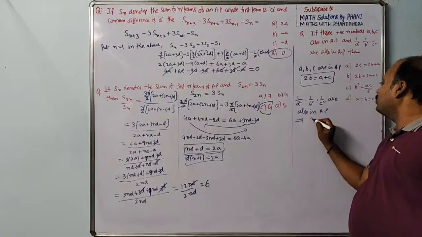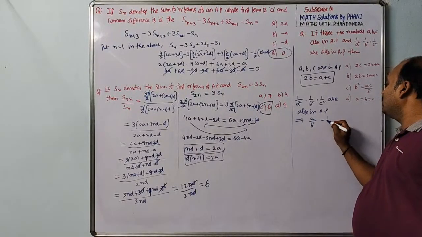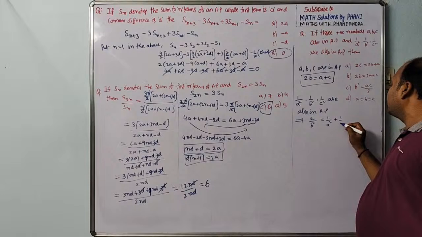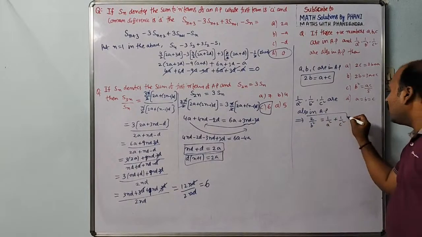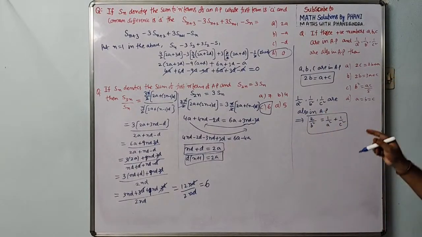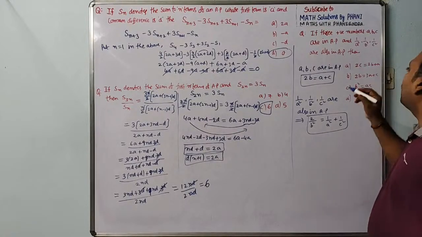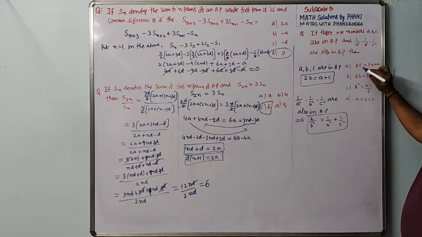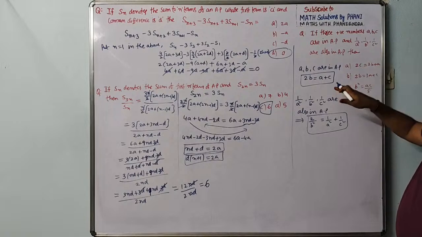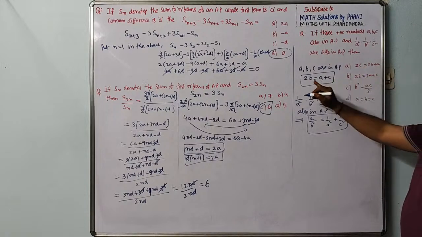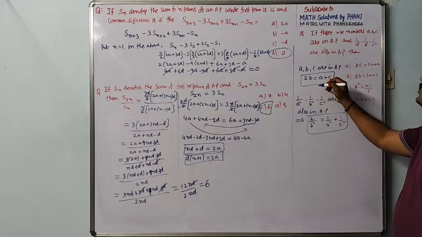So that implies 2 by b square is equal to 1 by a square plus 1 by c square. These two conditions are satisfied with what values? Among the options, it is difficult to take c as the subject.